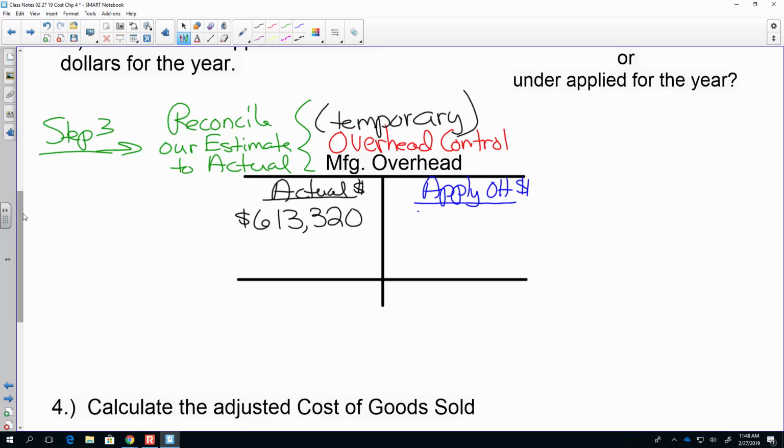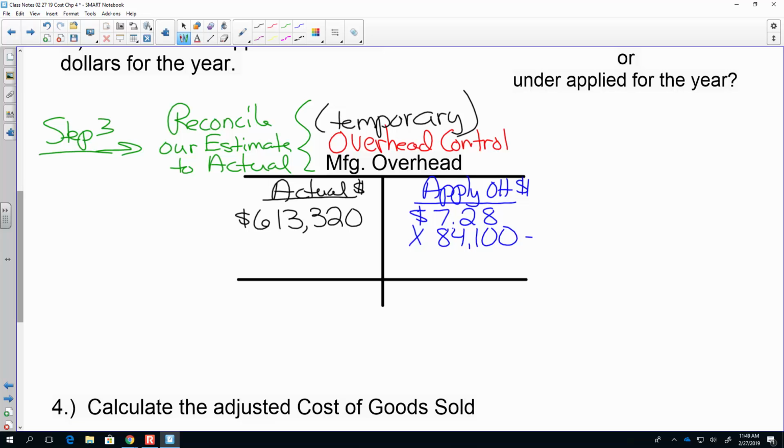Now, what was our rate? 7.28. And what am I going to multiply this predetermined rate by? 84,100. Why did you pick that number, guys?